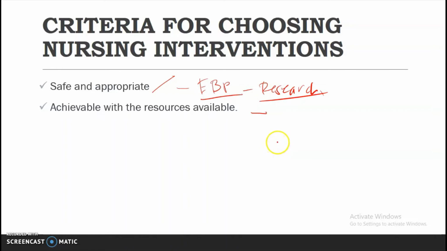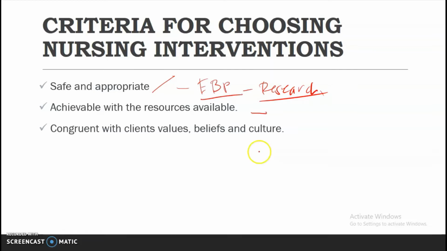Kaya nga doon sa ating goal setting, kasama doon yung tinatawag na SMART: simple, specific, measurable, and attainable. So the interventions that we'll be using should be attainable with regards to resource availability as well. Next, congruent with the client's values, beliefs, and culture.